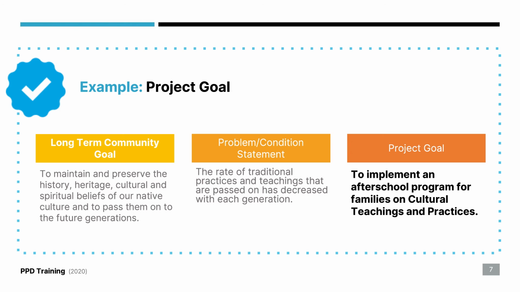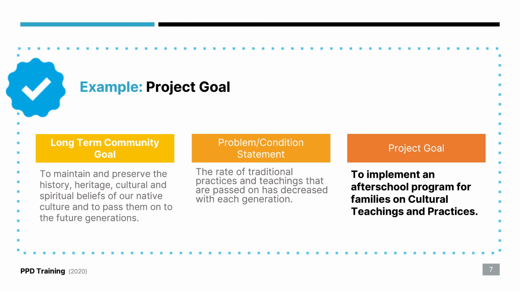So each step in this framework really addresses the one before. And your long-term community goal is still your foundational achievement that ideally 5 to 10 years in the future, your community would like to see itself in that state and achieve that goal. But your project brings it one step closer to achieving that goal. It doesn't necessarily mean that you are achieving the goal.